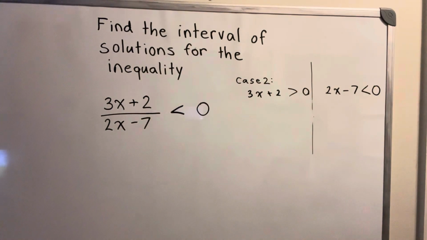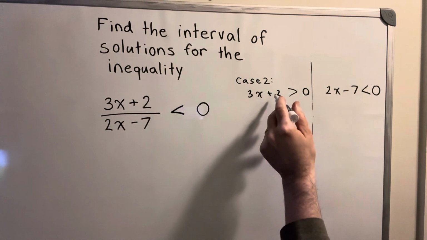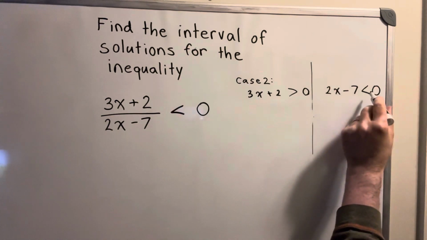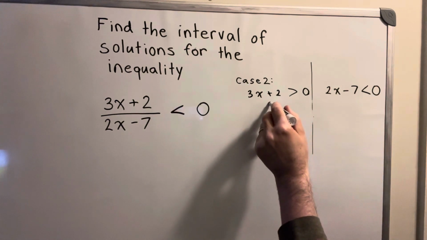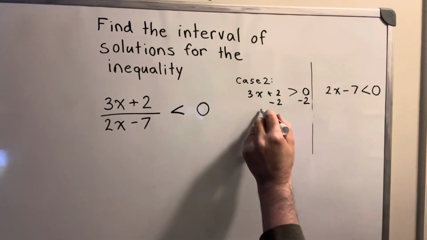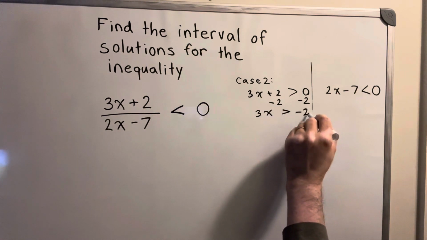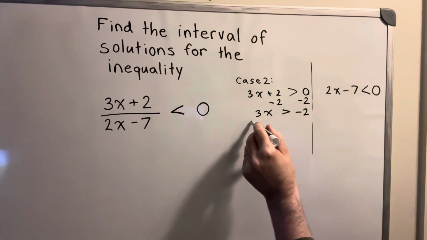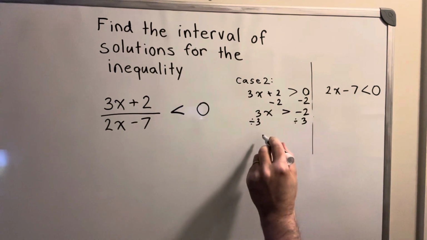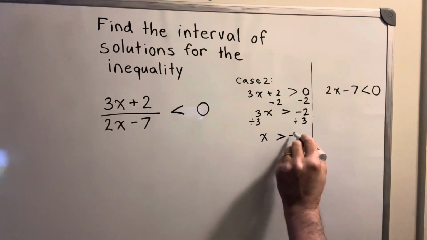We'll try to show what values of x make it so that 3x + 2 is greater than 0 and 2x - 7 is less than 0. Once again, we can subtract 2 from both sides. We got 3x is greater than negative 2. Divide both sides by 3. x is greater than negative 2/3.